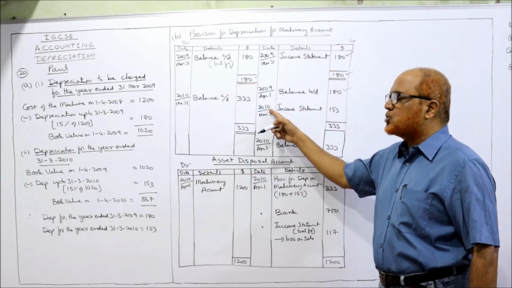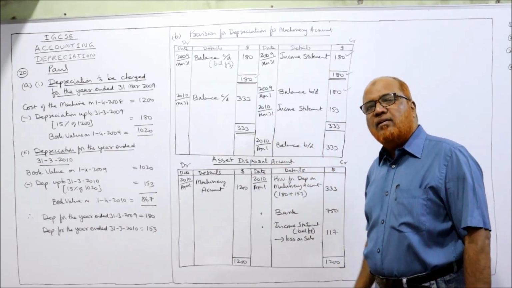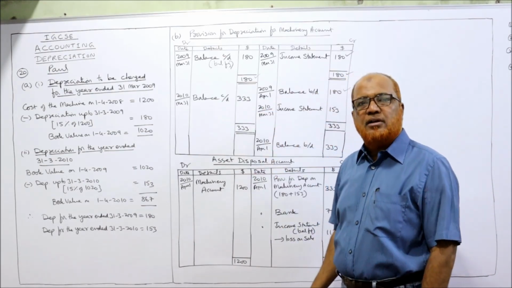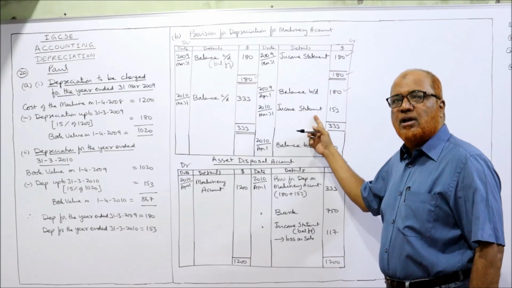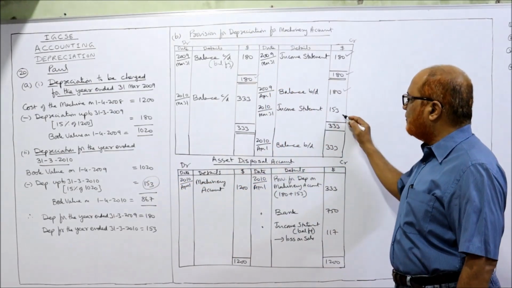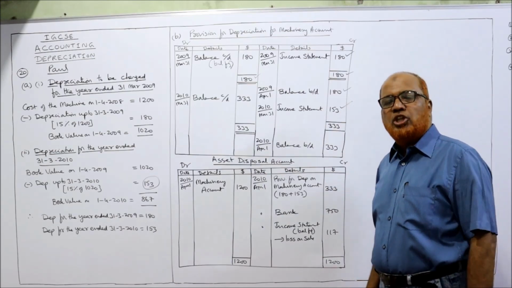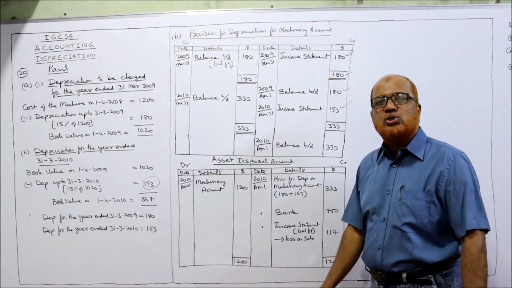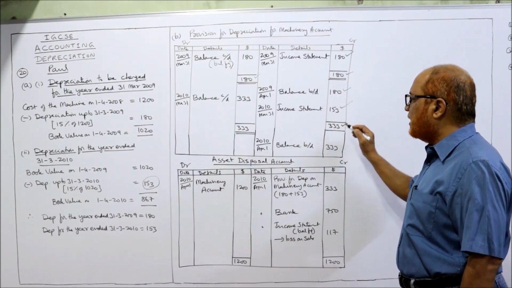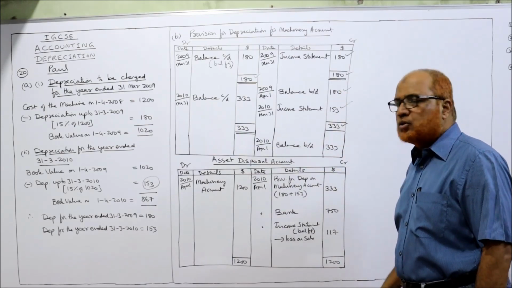Now 31st March 2010. Again the entry will be income statement debit, provision for depreciation credit. So the credit side, income statement. What is the second year depreciation? 153. So take 153 as the depreciation. Now balance it. We have to close 31st March 2010. Now take the total, 333.